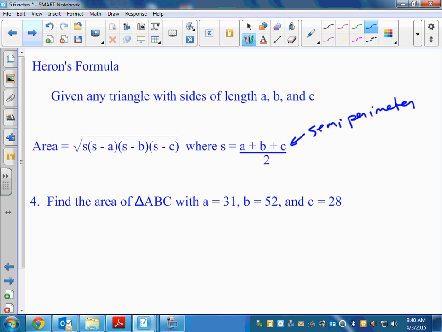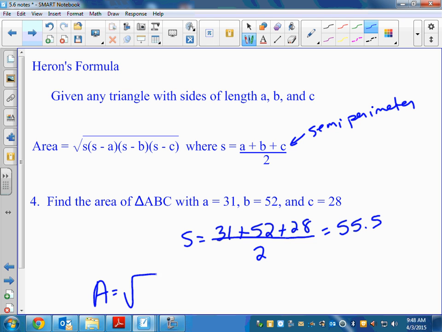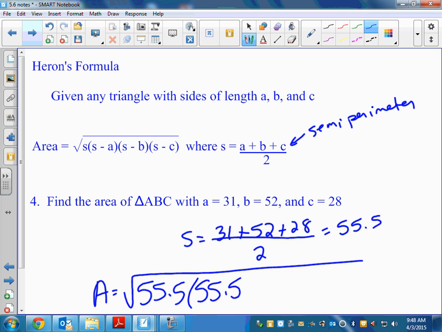So if I'm going to find the area of this, I'm going to take 31 plus 52 plus 28, and I'm going to divide it in half. As bad as I've been adding today, I better use my calculator. 55.5. So then, to find the area, I'm just going to take the square root of 55.5 times 55.5 minus each side.